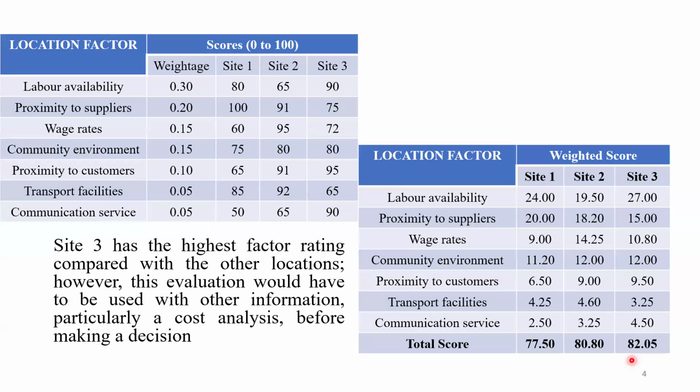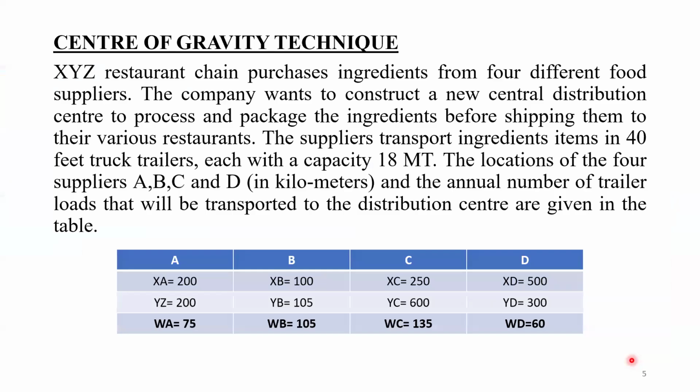But when I want to go into a more explanatory way, I go with the center of gravity technique. Here, as I explained, I have the coordinates of site A, site B, site C, and site D. Likewise, I have a weightage for each site. In the factor method, I have weightage for things like wages, proximity to customers, and proximity to labor, depending on my company. But at the advanced level, we have the weightage for a particular site in total, in an approximate way.